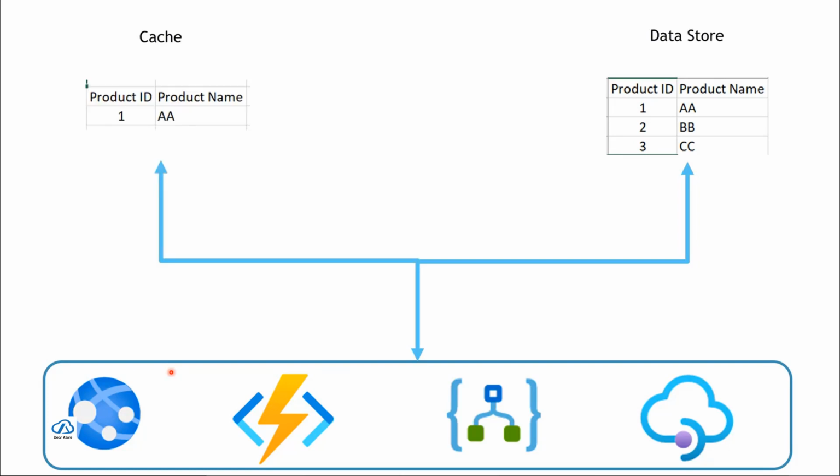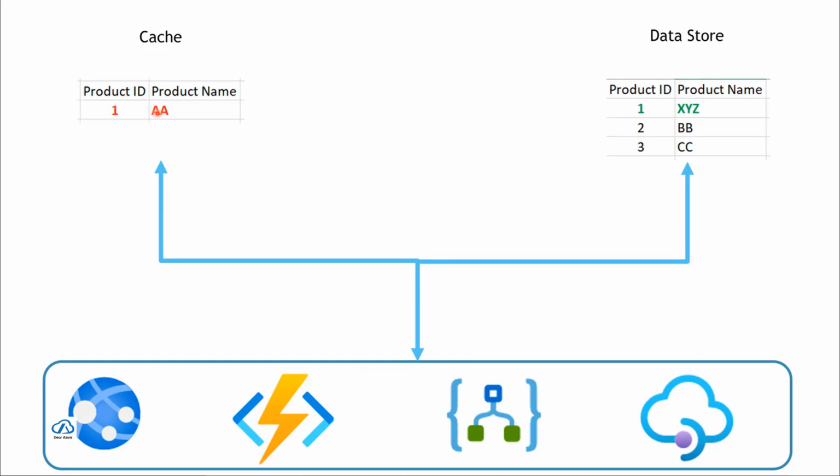And let's say that we have a cache that has been implemented somehow, and we have cached the data for product ID 1, which is the same value that exists in the data store. Now let's say that we have updated the data in the data store and made the product name for product ID 1 XYZ. Now the product name is still AA in the cache because we don't have a mechanism yet to have consistency between the data stored in the data store and the data stored in the cache. And this is exactly the challenge that this pattern is trying to solve.